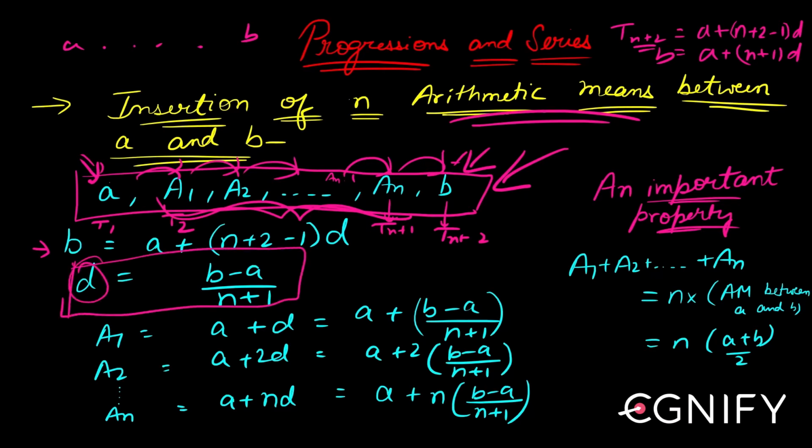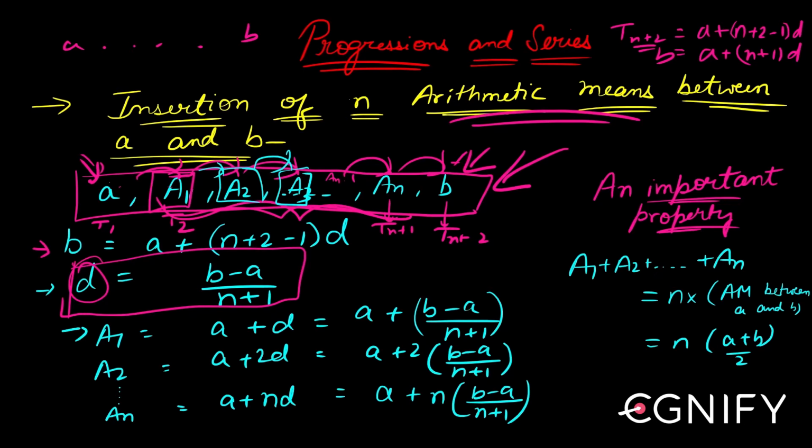So now I know the common difference, like how much should I move from A? How much greater should the value A1 be when compared to A? How much bigger should A2 be when compared to A1? How big should A3 be when compared to A2? So the difference between these two, I've got the common difference now.